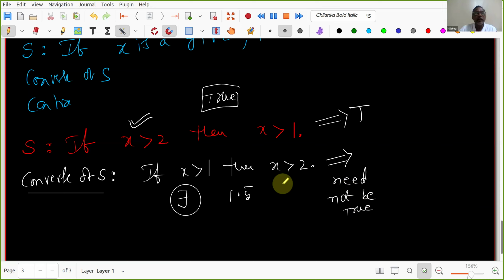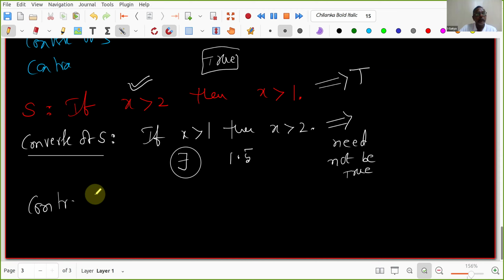Okay, now what about the contrapositive? Somebody can tell now. What is the contrapositive of this? Be quick now. Yeah, Kunal.